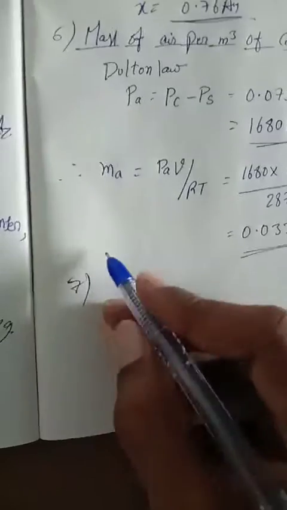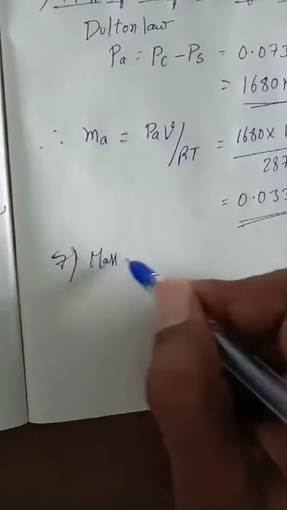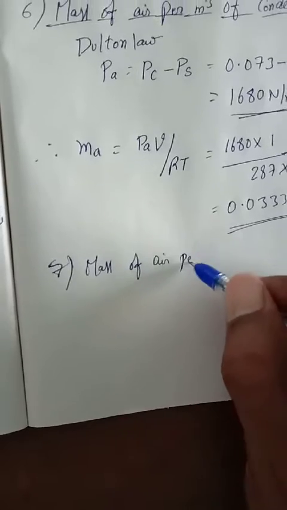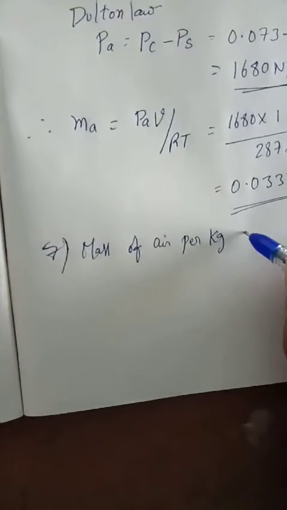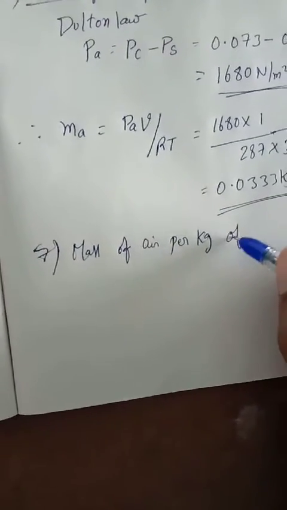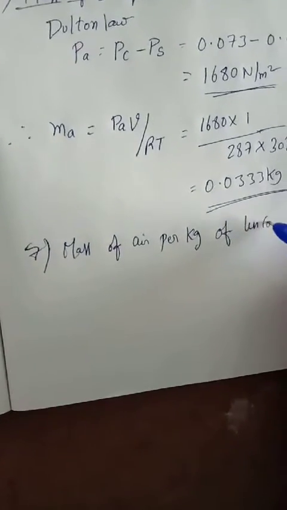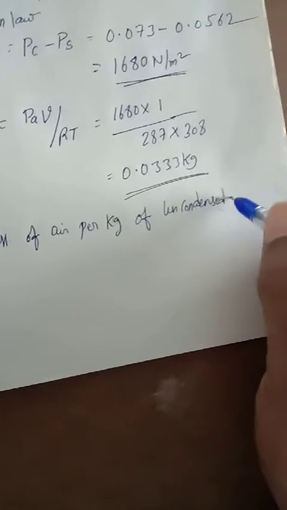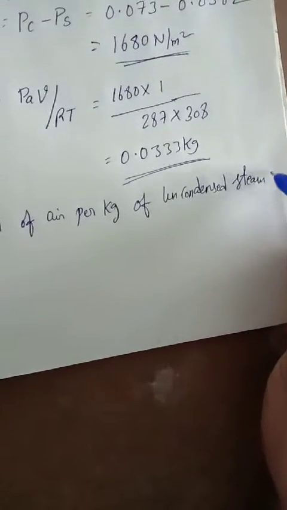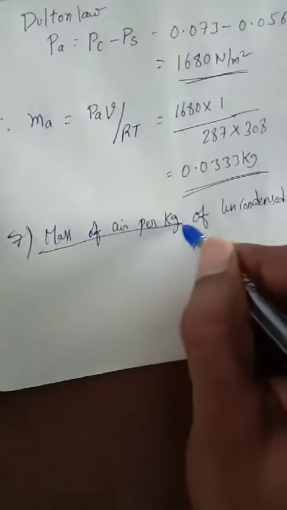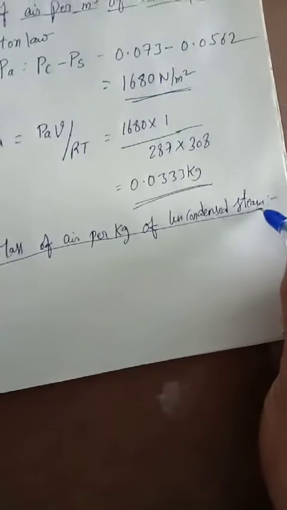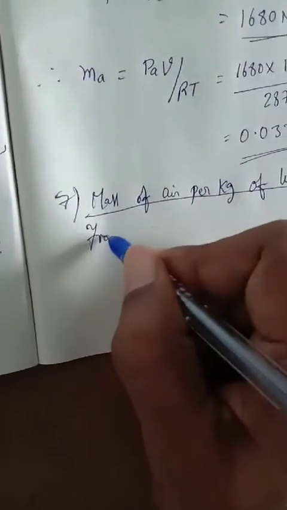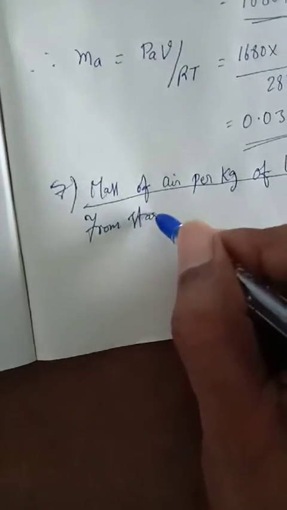And the last one, mass of air per kg of uncondensed steam. So here also we go first from steam tables.